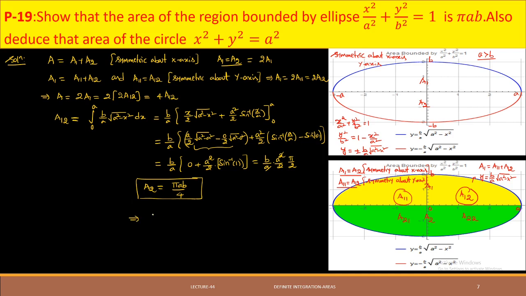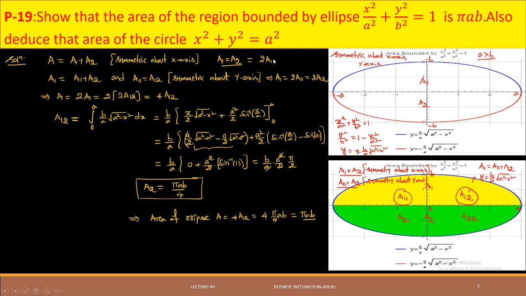This implies the area of the ellipse A is equal to 4 times a12. So 4 times a12 is equal to 4 times pi by 4 into ab, that is equal to pi into ab, right?